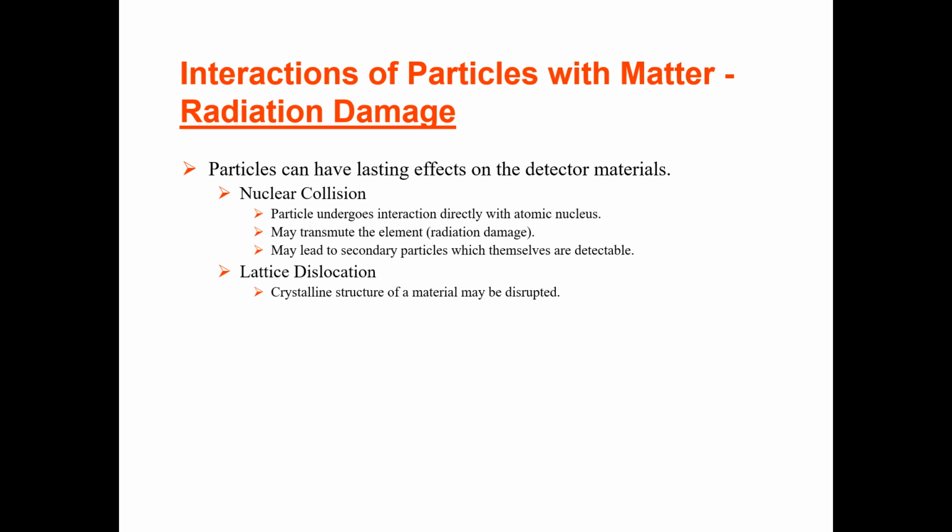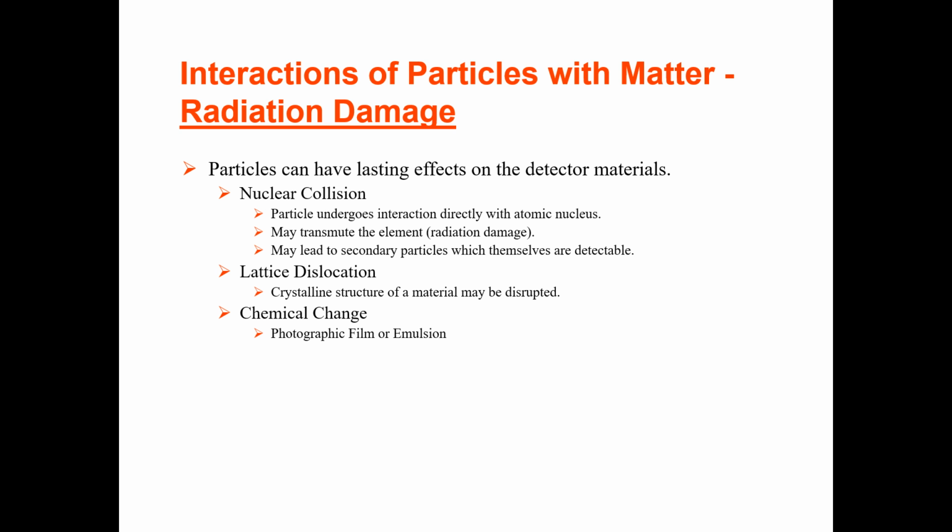We can have lattice dislocations. What is meant by lattice dislocations? Due to interaction of particles, the crystalline structure of a material may be disrupted. If you interact particles with a particular type of crystalline material, the crystalline structure can be disrupted due to the interactions of the radiations.